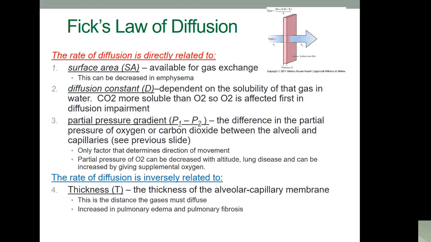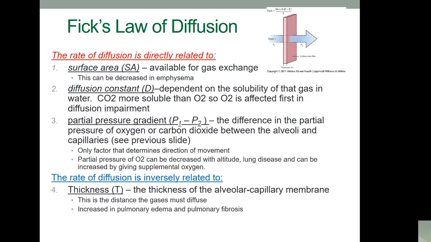Okay, diffusion constant. This factor is dependent on the solubility of the gas in water. The point I'm trying to make here is that CO2 is about 20 times more soluble than oxygen. So if somebody had a diffusion impairment, say because of decreased surface area, we would find that oxygen is affected first, sooner than CO2.